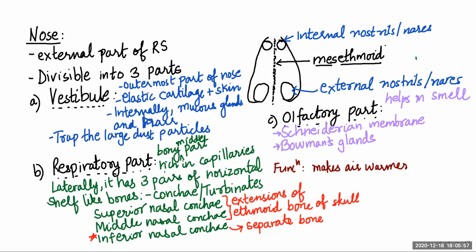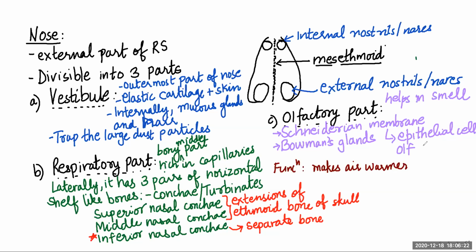Okay, Schneiderian membrane is a membrane which actually contains epithelial cells. So it contains olfactory epithelial cells which helps in detecting smell.